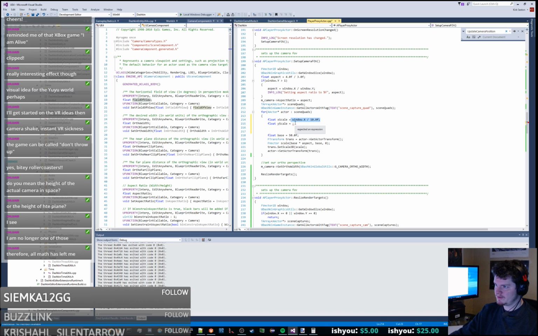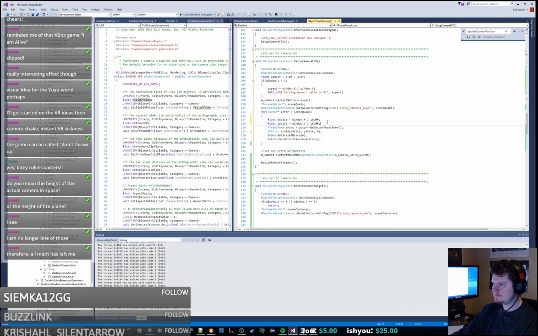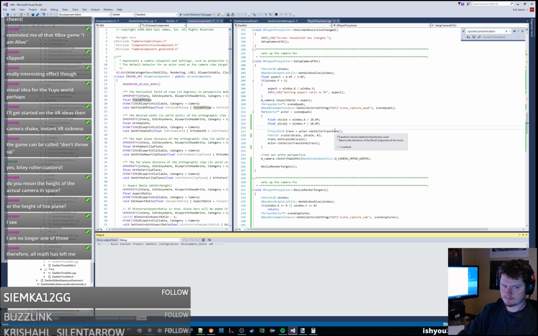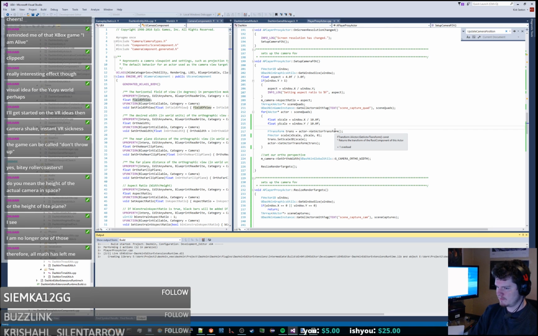Same thing for Y scale. Because if we got the screen at the right size there, now we need to actually add it in there.